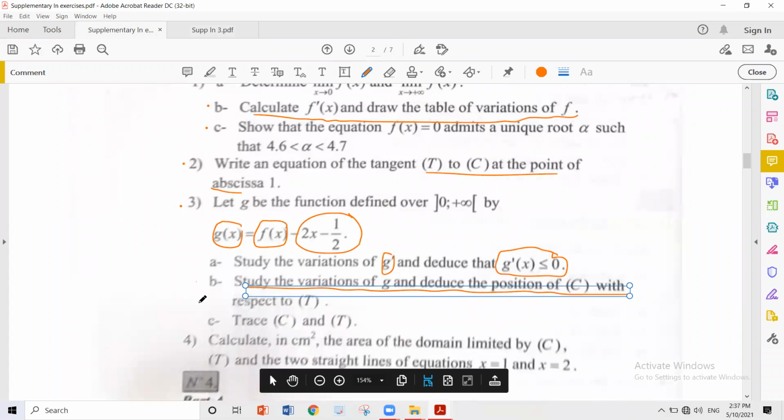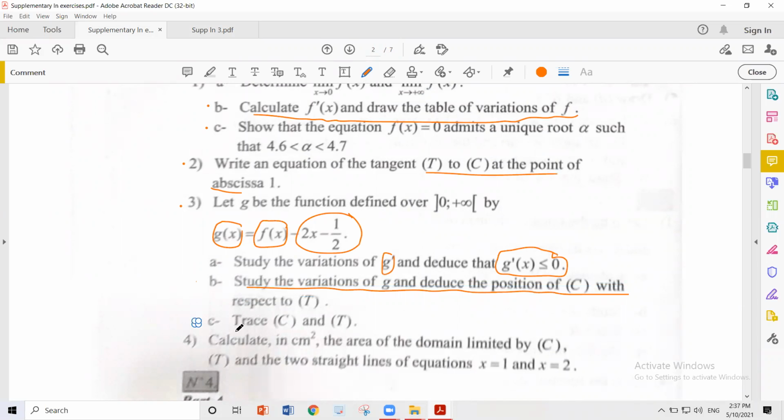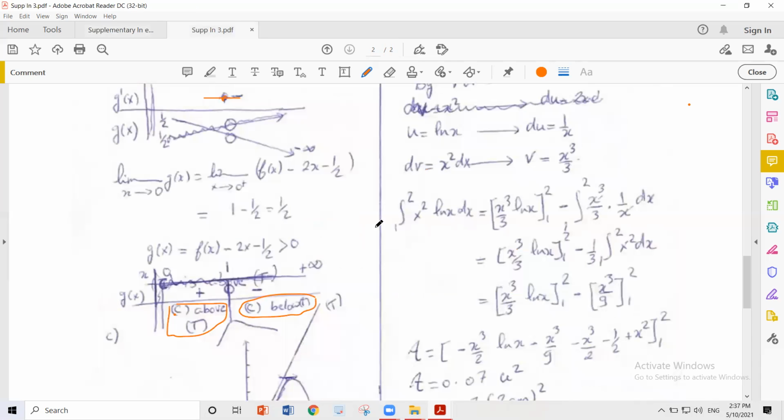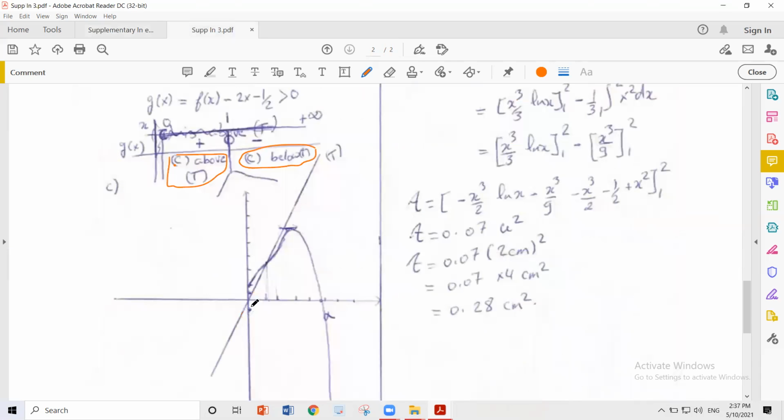Part C. Trace C and T. This is the x-axis.